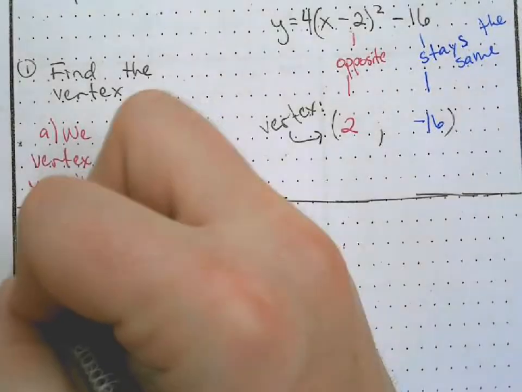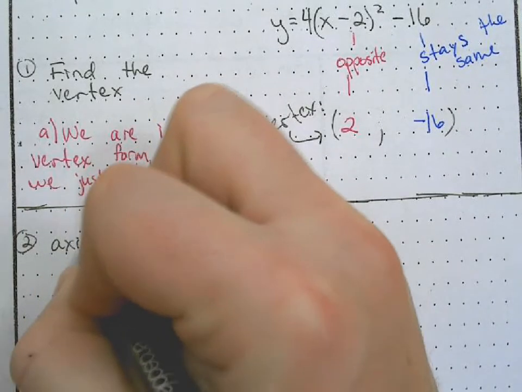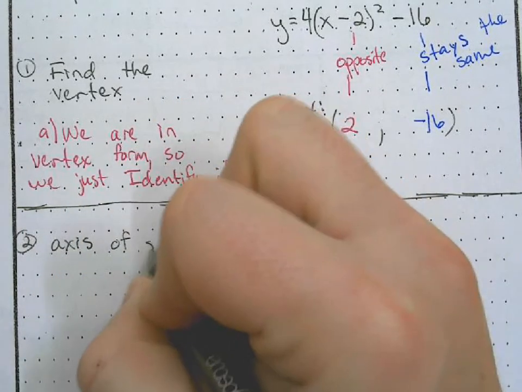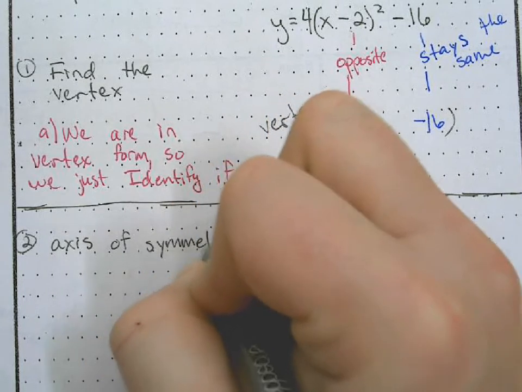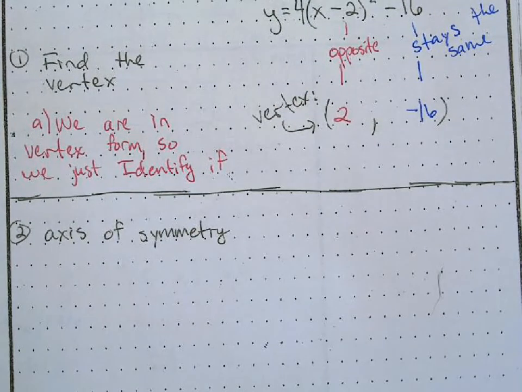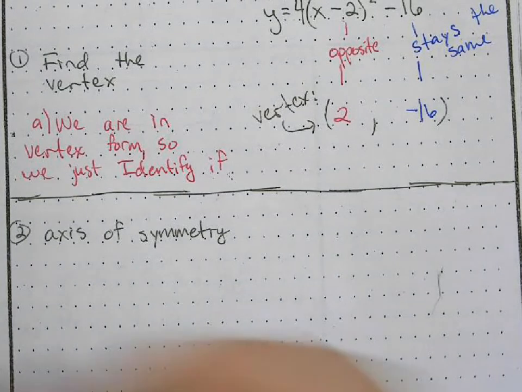Step 2, the axis of symmetry. Which from our standard form, we already know this.